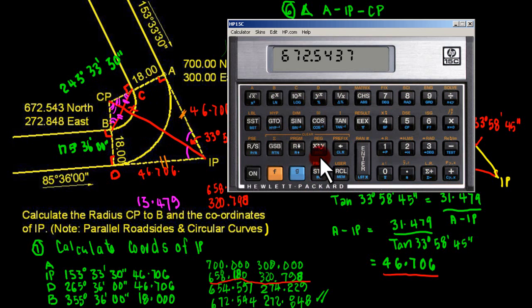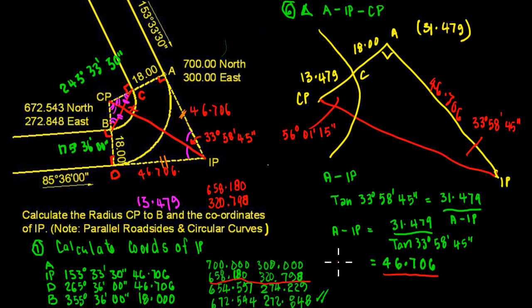I'm going to accept that. XY, 672.848, spot on for the easting. So that's a good close around there with the HP 15C. I think that's a good check on everything. Quite happy with that. And then underline the coordinate of the IP and write it up here as I have for the answers.